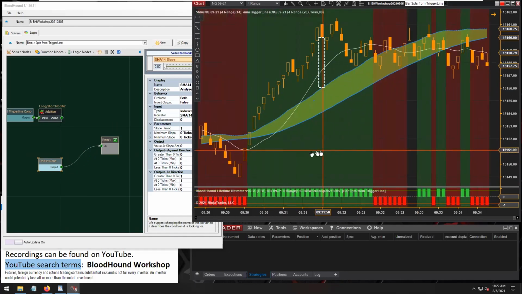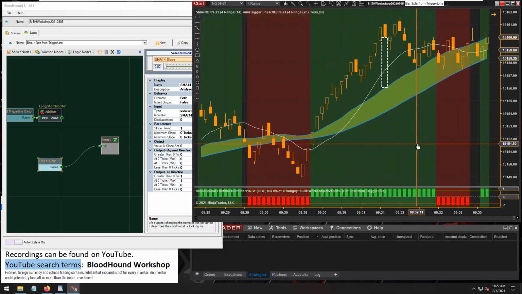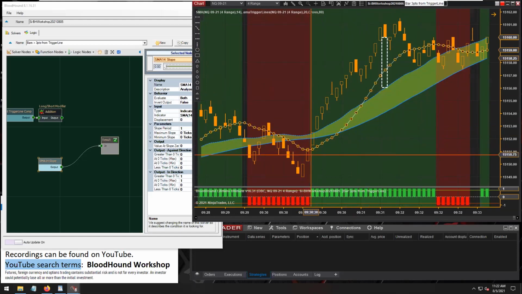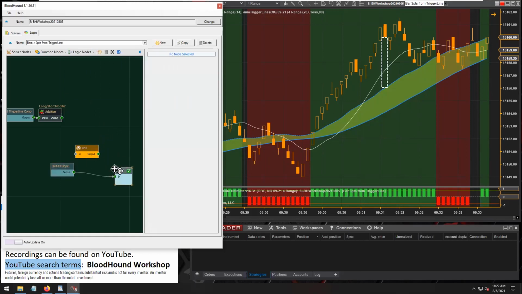Every once in a while that SMA goes flat and there's no output. Clearly in this uptrend, our SMA is sloping upwards for quite a while. So we'll block the signals coming from the slope solver. We're going to need an AND node here.